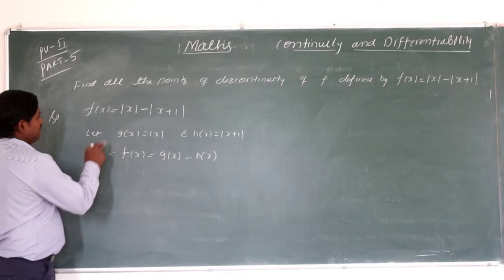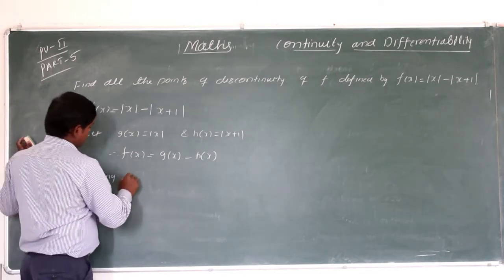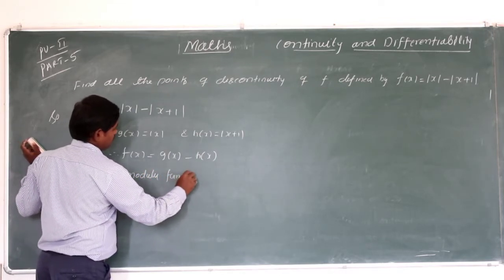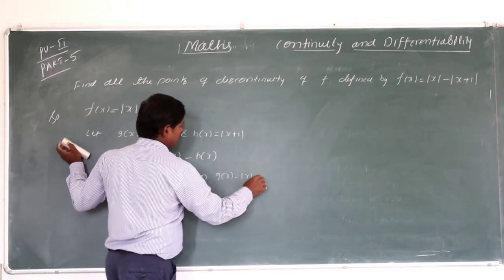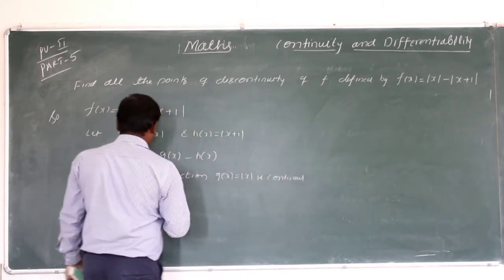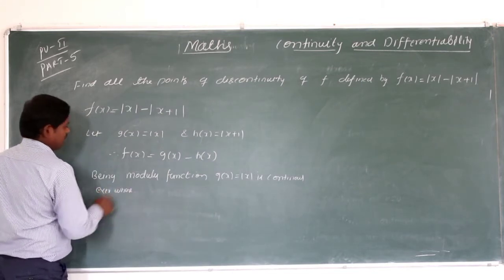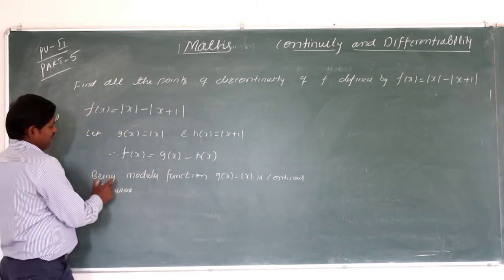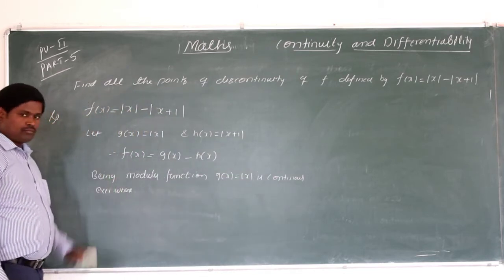Here g being a modulus function, g of x is equal to mod x is continuous everywhere. You already know that the modulus function is continuous everywhere.